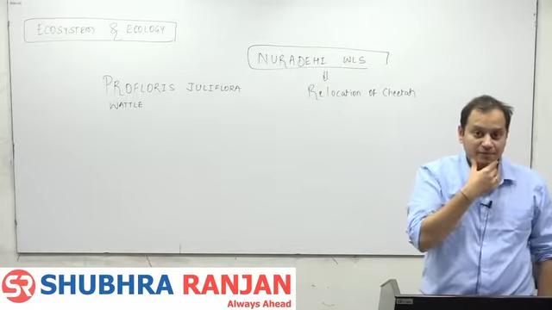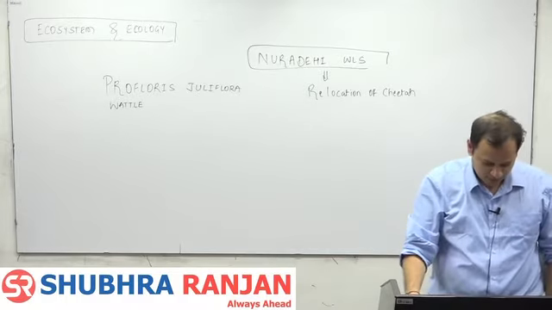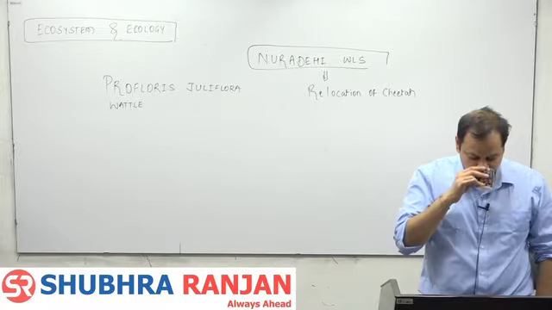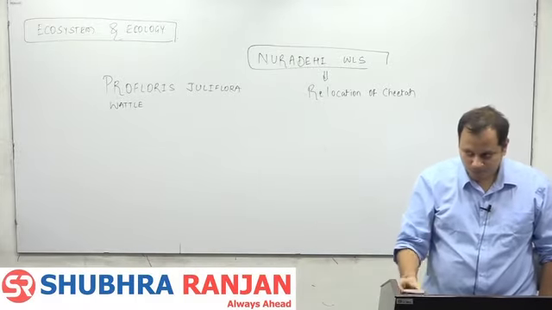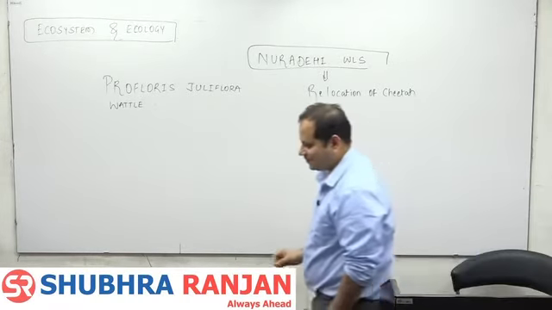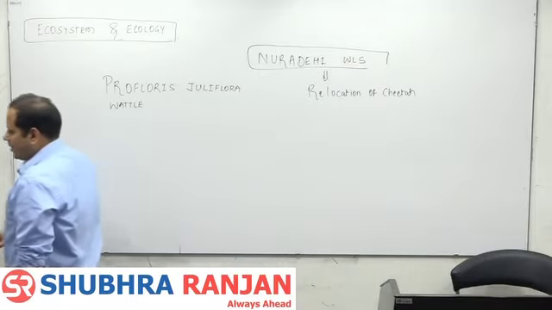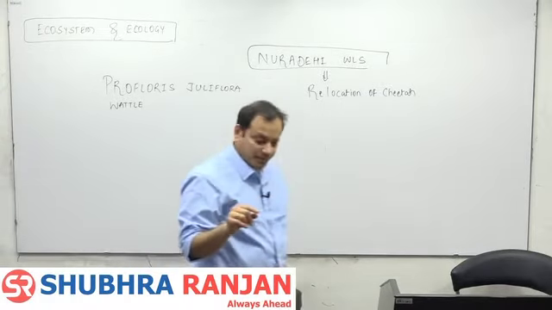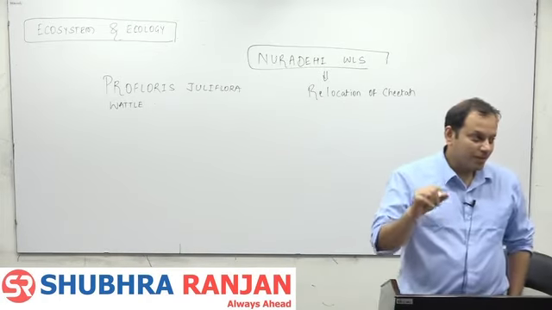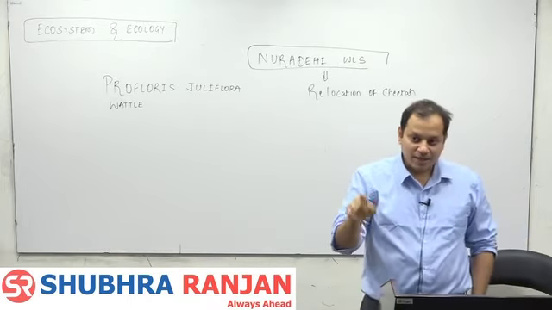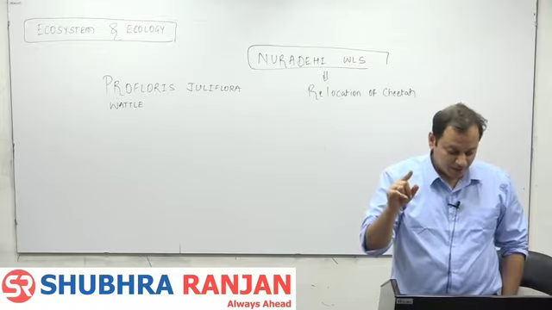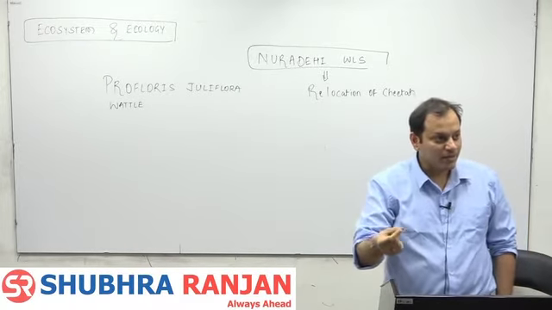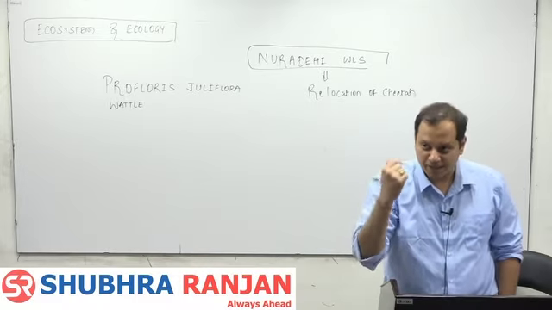Question number 80. We have discussed this in the sedimentary rocks. Read it again very properly. Coal bed methane, shale gas, or natural gas, it is nothing but pure methane.